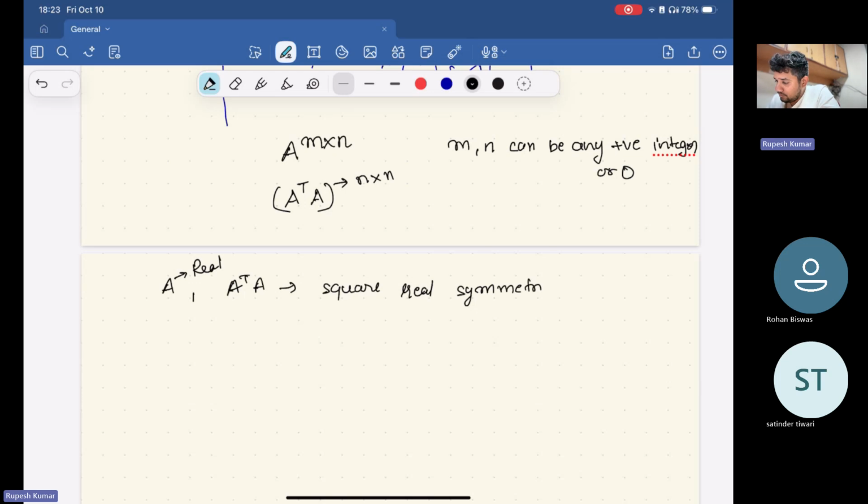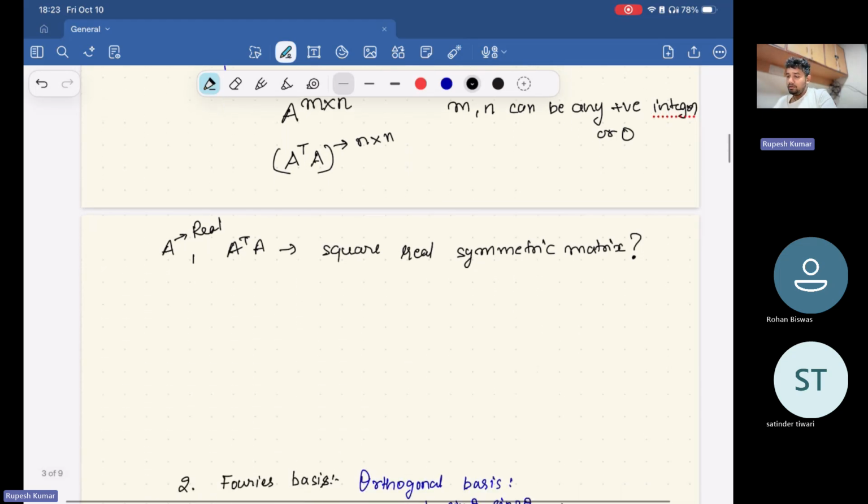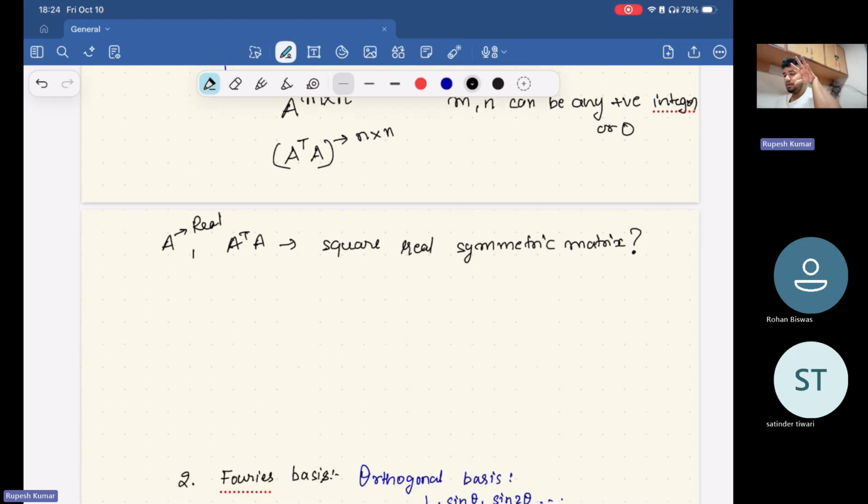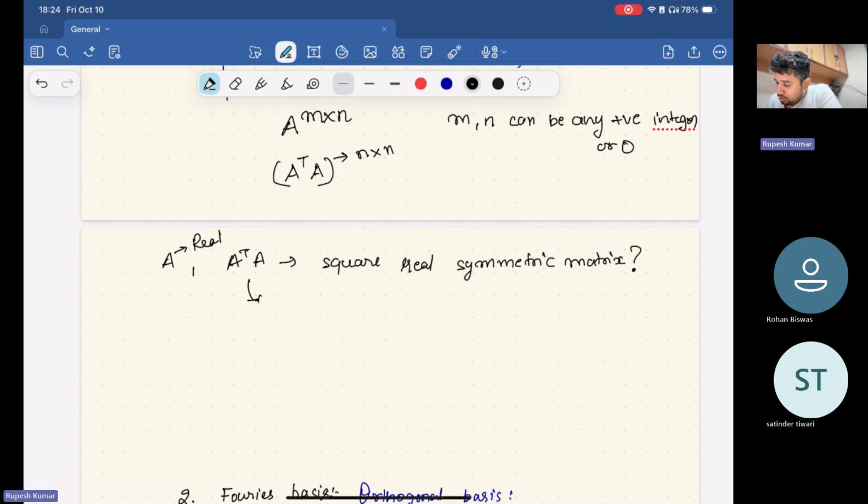Can we prove this, everyone? Fine. And now we know a very useful property of a real symmetric matrix. Symmetric matrix basically means it's square. So what is the useful property? It is orthogonally diagonalizable.